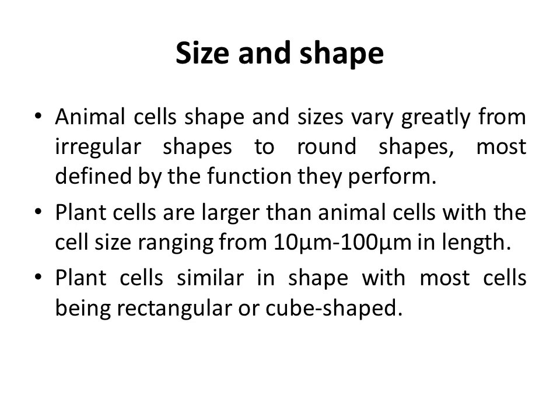Plant cells are larger than animal cells, and their size ranges from 10 micron to 100 micron in length. Plant cells certainly have a different shape from that of the animal cells, but most of the plant cells are rectangular and cube shaped.